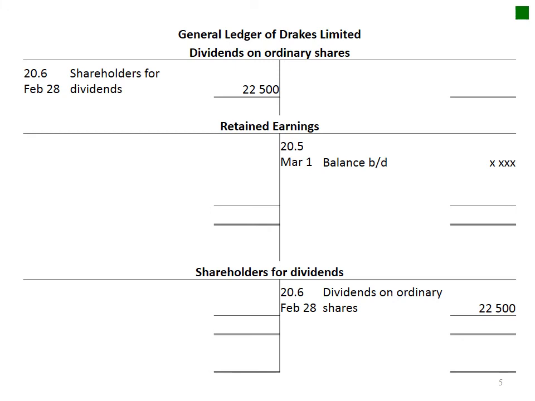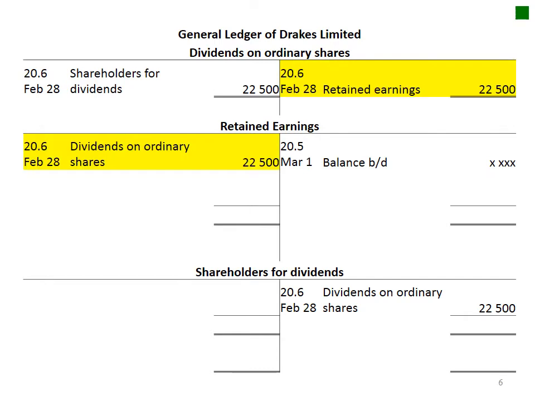So this is what the general ledger accounts would look like. The first journal entry was where we debited dividends on ordinary shares with 22,500 and we credited shareholders for dividends, that's your liability, with 22,500. The next entry is your closing entry where you take the 22,500 out of the dividends on ordinary shares account.